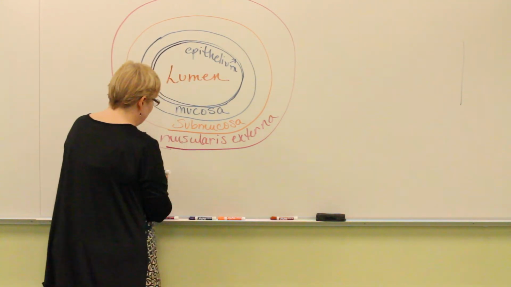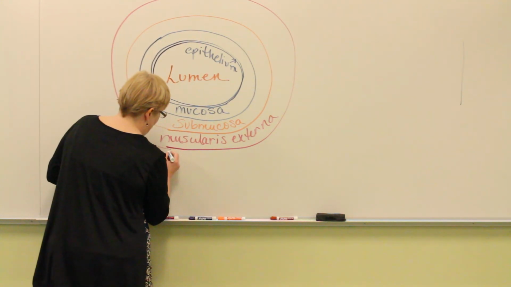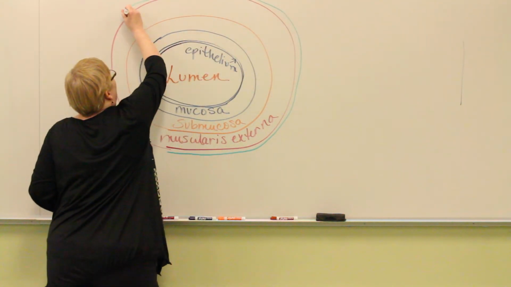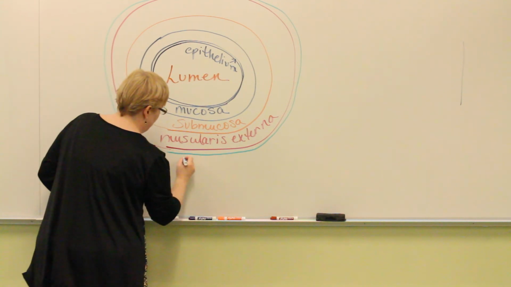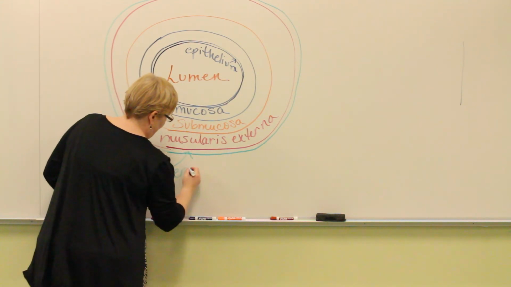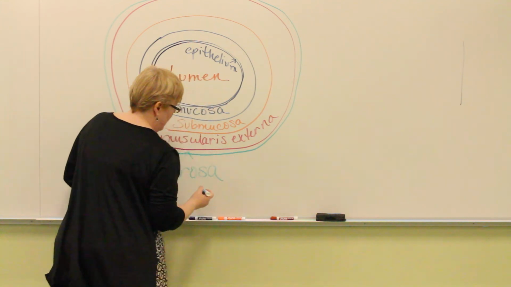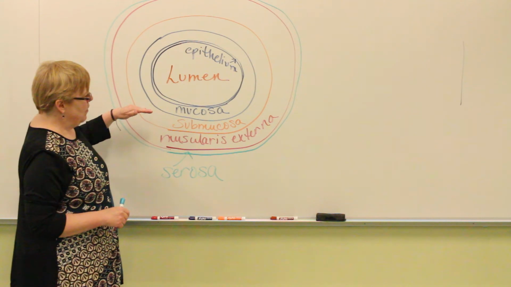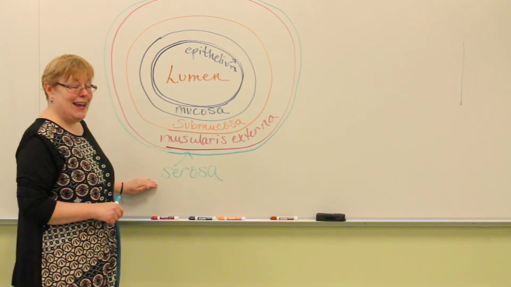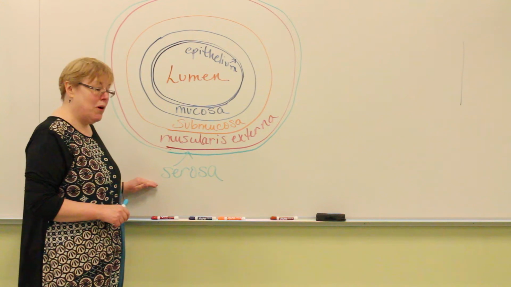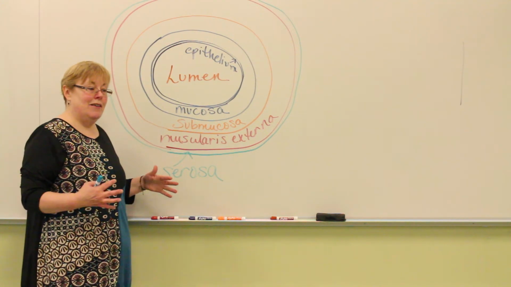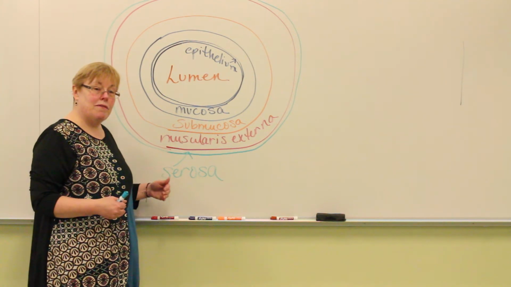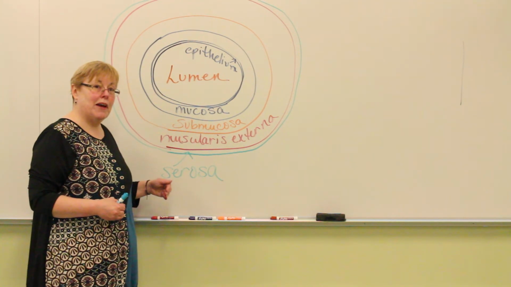Okay, our final layer is the serosa layer. Okay, so we have in many of our alimentary canal organs both a mucous membrane and a serous membrane, because serous membranes are found in closed body cavities, and many of our alimentary canal organs are found in the abdominal pelvic cavity.